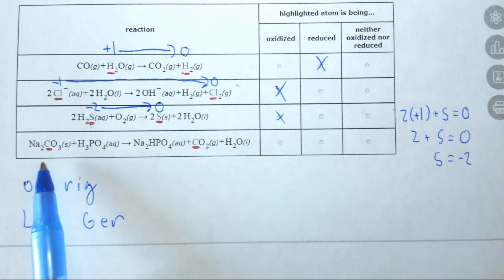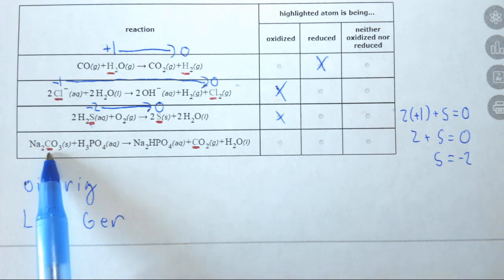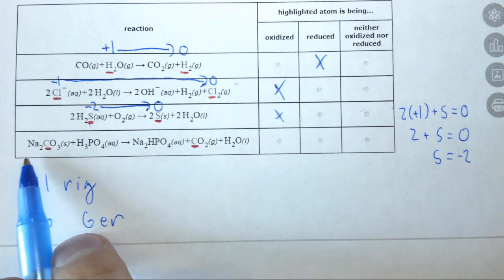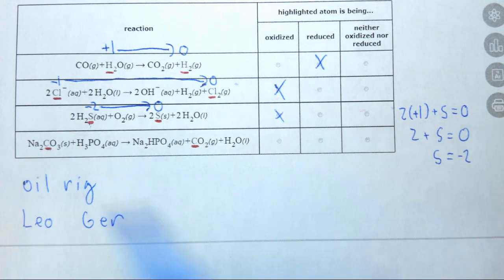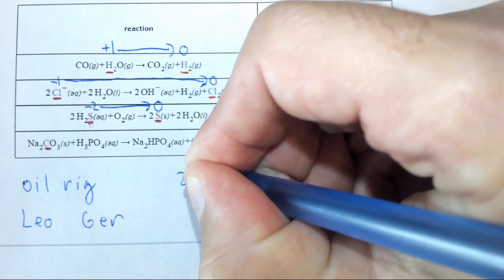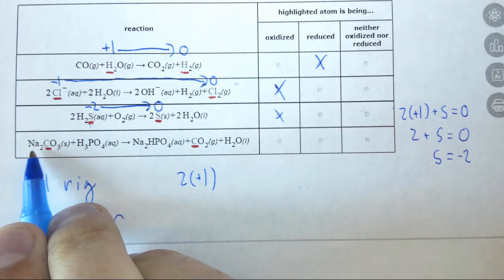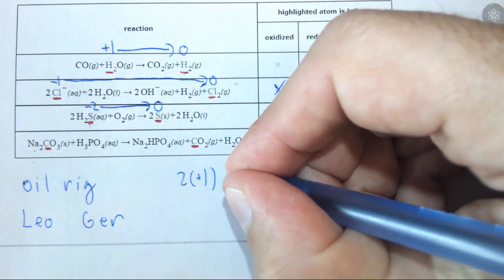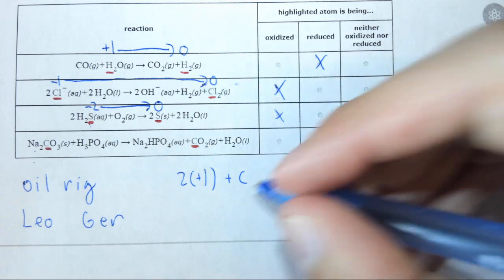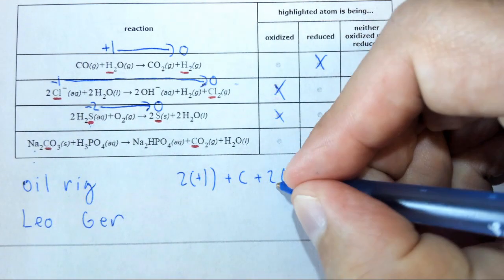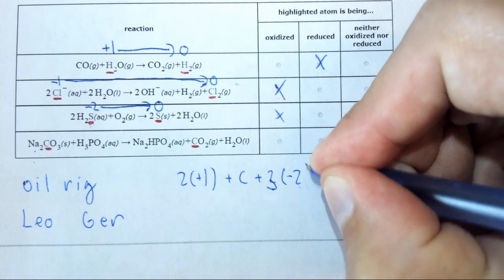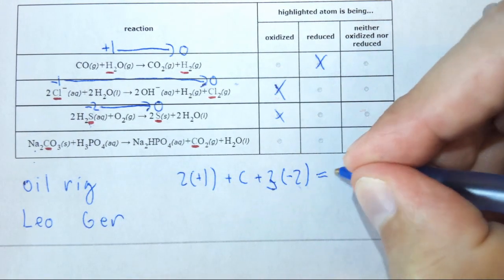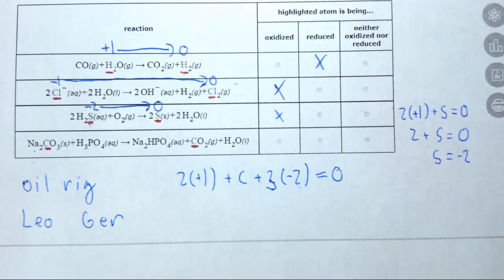In the last case, we need to figure out the oxidation state of carbon on the reactant side and again on the product side. Here we have a monoatomic ion, sodium, with an oxidation state of +1. So 2 times +1, plus carbon, plus 3 times the oxidation state of oxygen, which is -2, equals 0, the overall charge on the species.